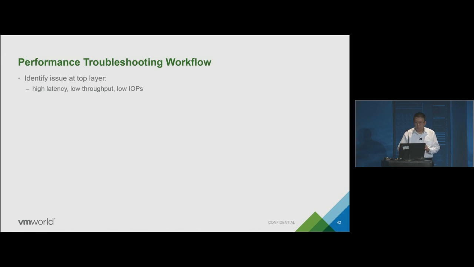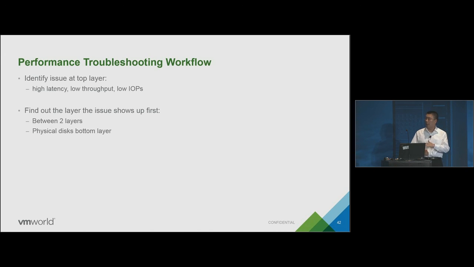Then we simply walk down layer by layer in virtual SAN architecture. We try to find the lowest layer, or the last layer has the performance issue present first. It can be between two DOM layers, or it can be all the way down to the LSOM caching tier or the physical disk layer.